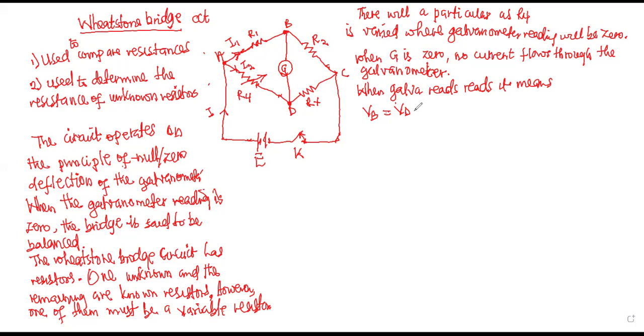Current would only flow on condition that the 2 points have a potential difference. But when 2 points have the same potential, current flow is zero. So if the galvanometer reading is zero, then it means that the PD across the points connecting the galvanometer is the same.